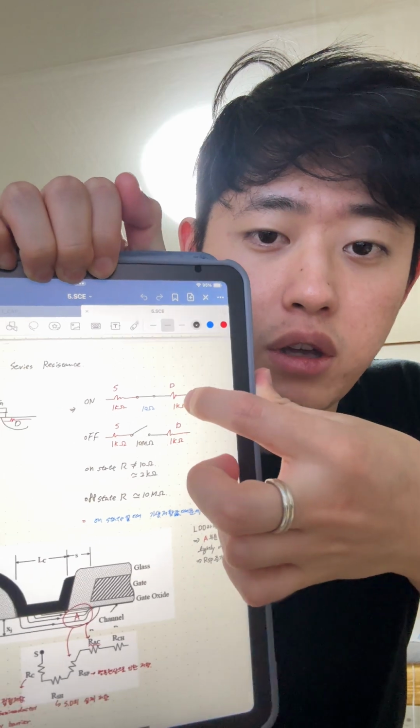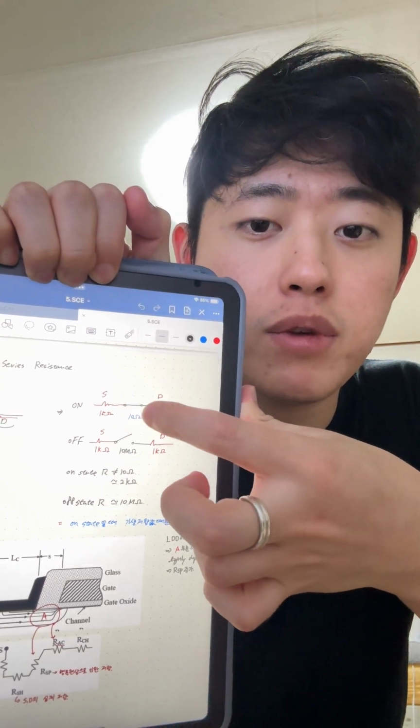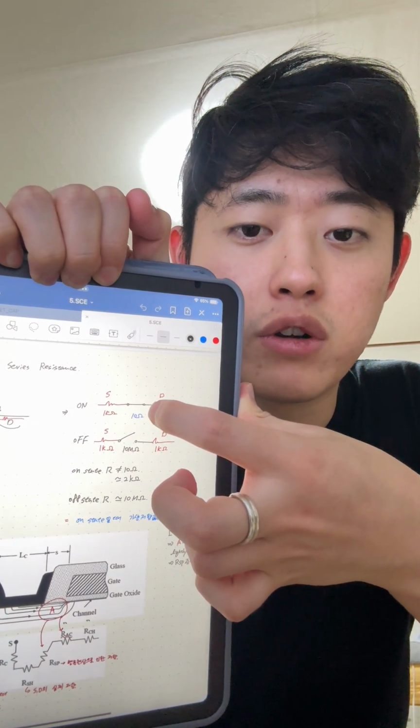Source and drain have 1 kilo ohm and 1 kilo ohm. When the transistor is on, the channel will have only 10 ohm. So the total resistance is the series resistance, approximately 2 kilo ohm.